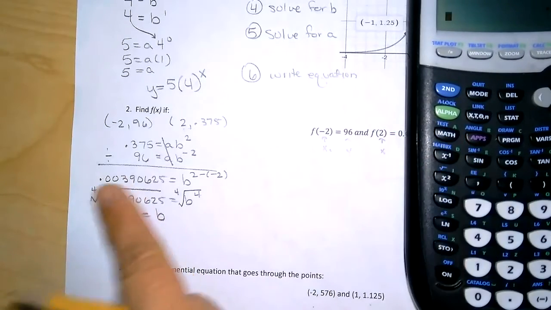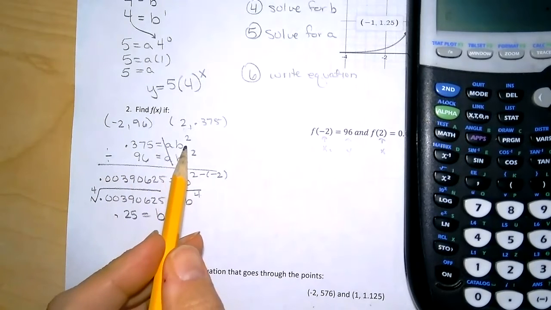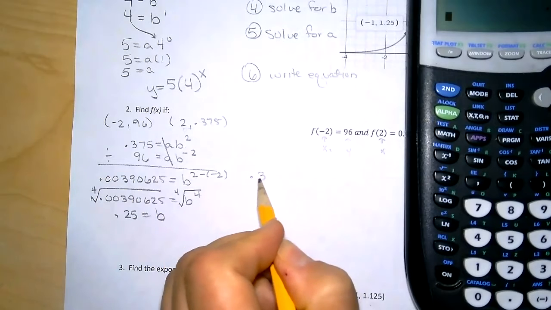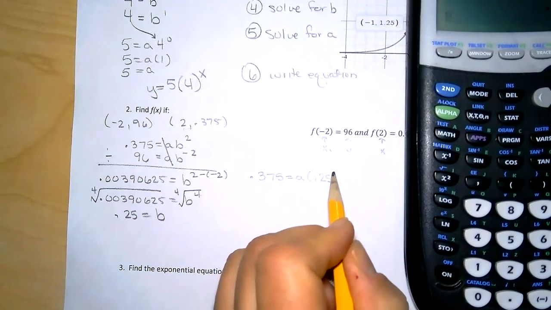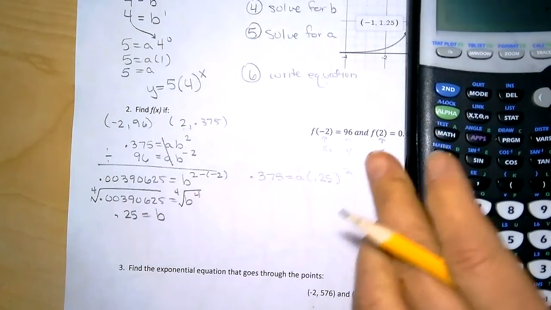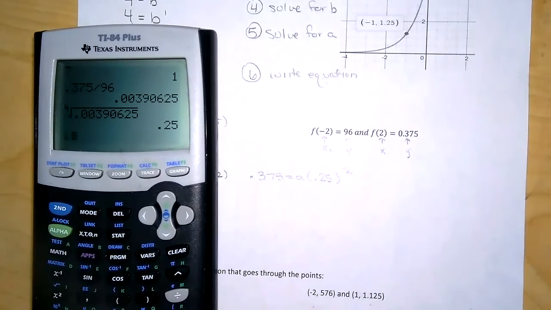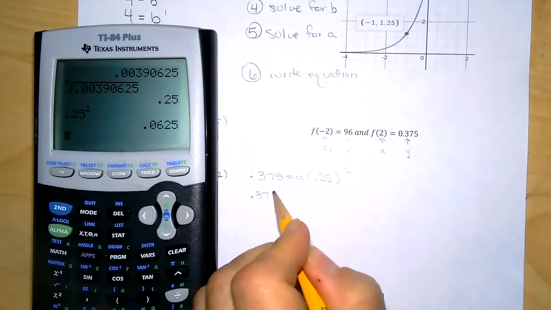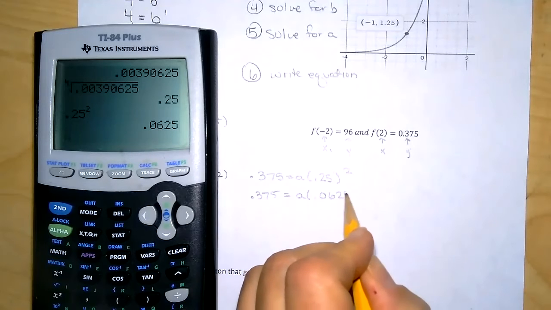Picking one of my two equations to find my a. Again, I'm going to pick the one with the positive exponent. If they're both positive, it doesn't matter. 0.375 equals a times 0.25 squared. So 0.25 squared is 0.0625, so 0.375 equals a times 0.0625.